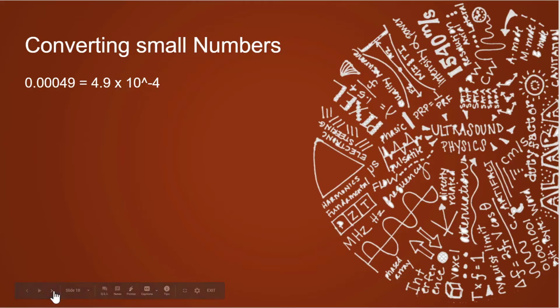Now we can do the same thing for converting very, very small numbers. We will take the number, figure out where a number is between 1 and that is less than 10, and then we'll count the decimal spaces that we needed to convert the number to a power of 10.